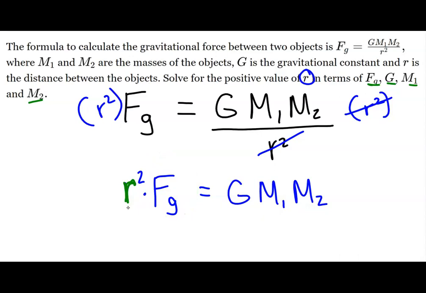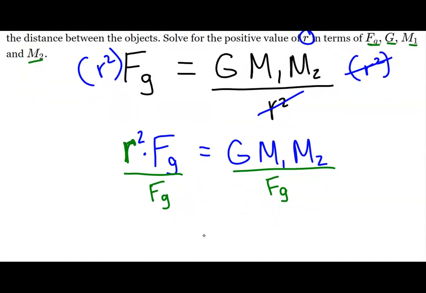So I'm going to eliminate fg first by dividing by fg. That leaves me with r squared and this giant fraction on the other side. How do we get rid of a power of 2?